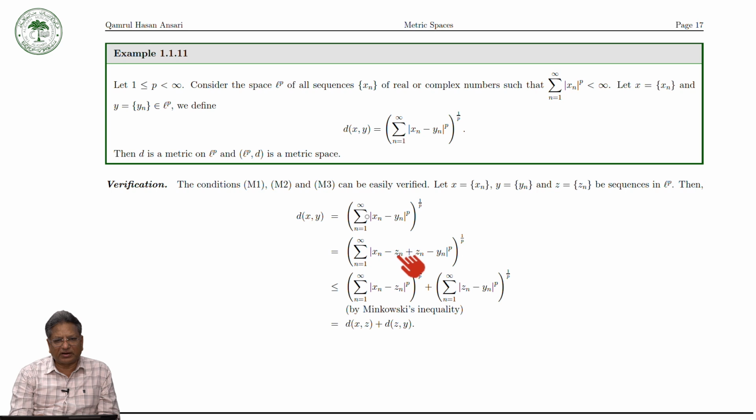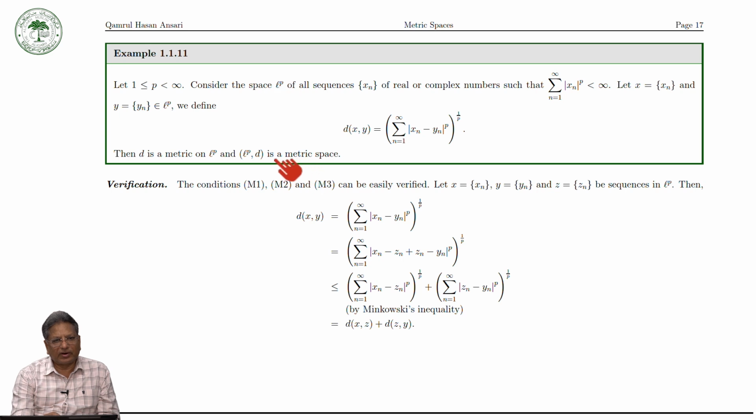You can add and subtract zn here, and then you use |x plus y| is less than or equal to |x| plus |y|, and use the Minkowski inequality. Again, the Minkowski inequality for infinite sums is given in the appendix. So this is less than or equal to this one. And this is your d(x,z) and this is your d(z,y), and therefore d(x,y) is less than or equal to d(x,z) plus d(z,y), and therefore this d(x,y), defined in this way, is a metric on Lp space.